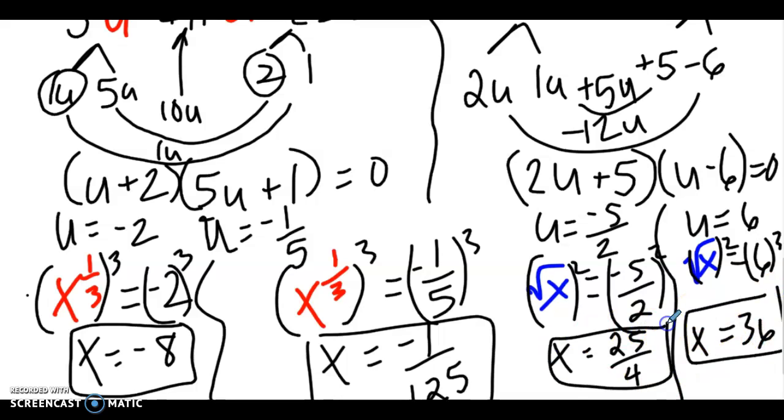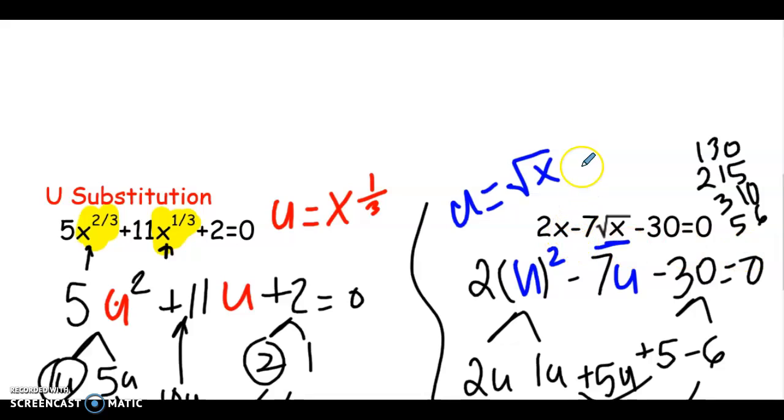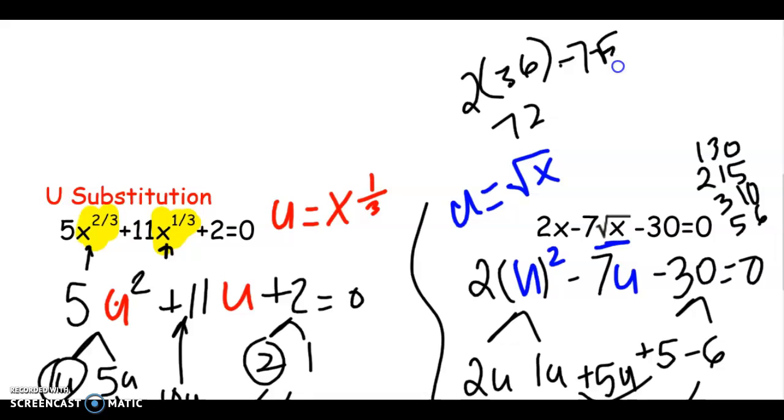But let's try both of those answers because one of them doesn't work. 36, if I go in and plug that into the original, I would get, so 2 times 36 is 72, minus 7 times the square root of 36. Square root of 36 is 6 times negative 7, minus 42, minus 30. Yes, that actually gives me 0, so my 36 is a good answer.